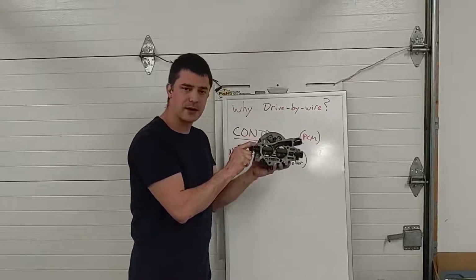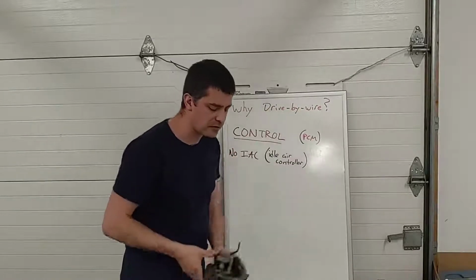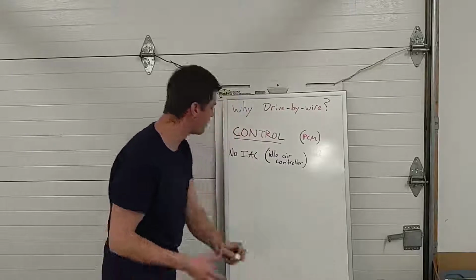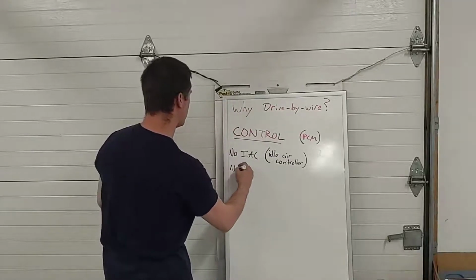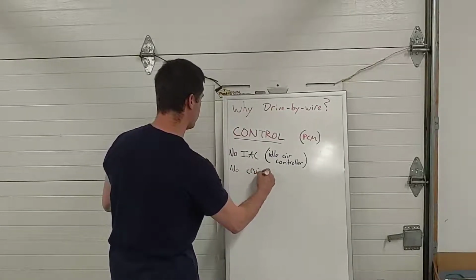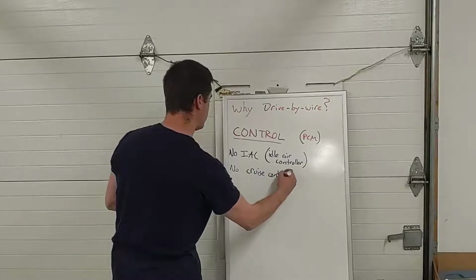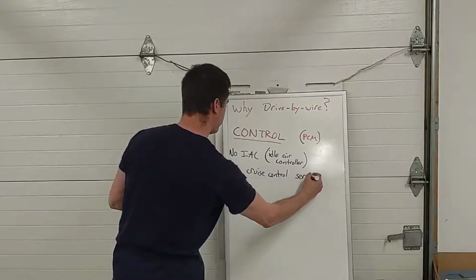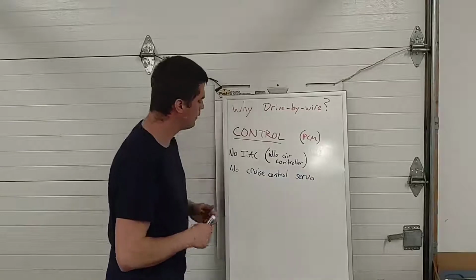So that's a whole other mechanical device that can be eliminated and simplified, because we can do that directly with our throttle. So no cruise control servo. So that's simplified.